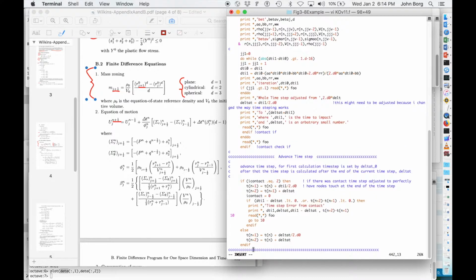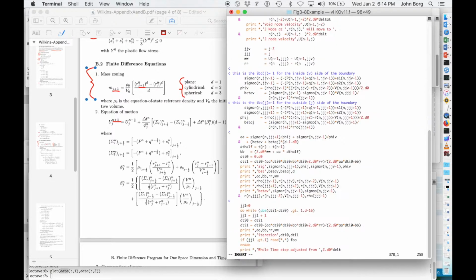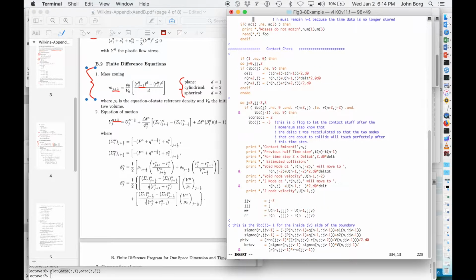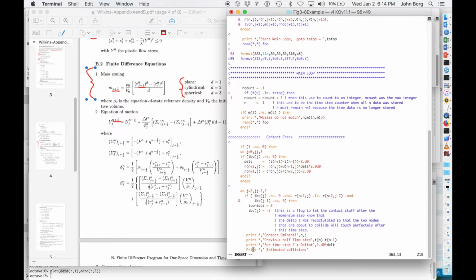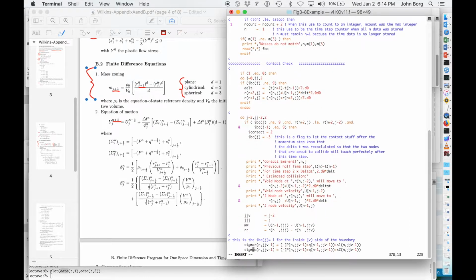All right, in general, what this does is pretty simple, really. The contact check calculates the spatial position R, and looks to see if the nodes are overlapped. If they are, it calculates the exact time step it needs to take, given the velocities of those nodes, so that the two nodes that are overlapped or crossed over each other would be exactly at the same location.